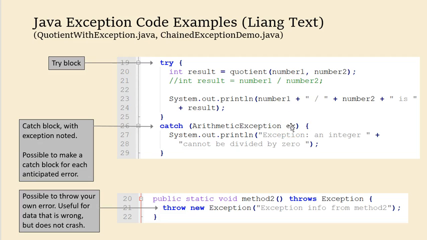And the name of that thing that you caught, because an exception is an object, is ex. Does it have to be ex? No. That's what's used in all the examples. You can name an object anything you want. And so instead of having the code just die here, where the quotient crashed because number 2 was 0.